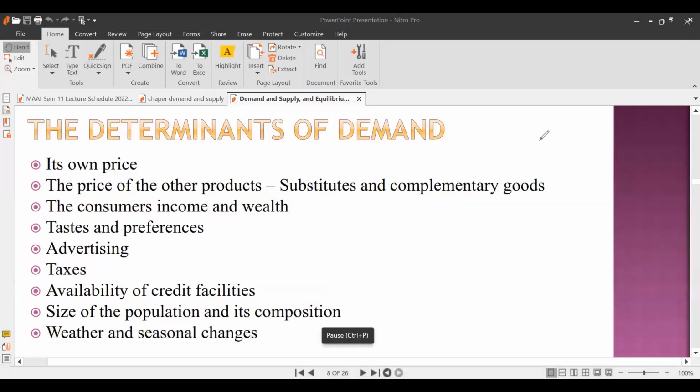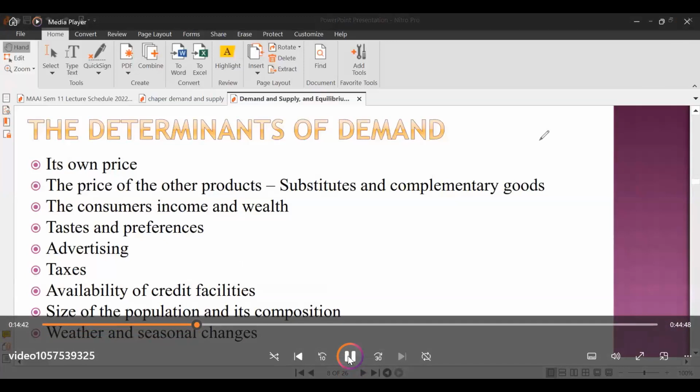For a particular good, they will demand more. For some particular goods, even though income increases, they will not demand more. So another determinant which decides the demand is the consumer's income.